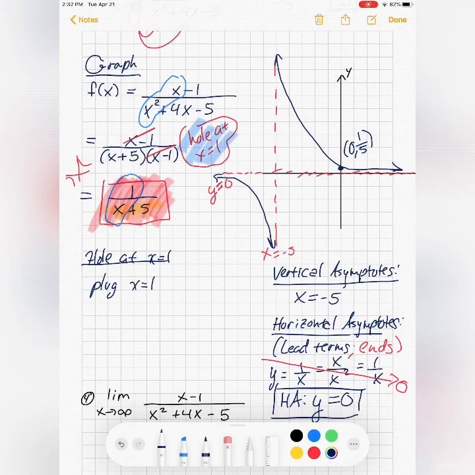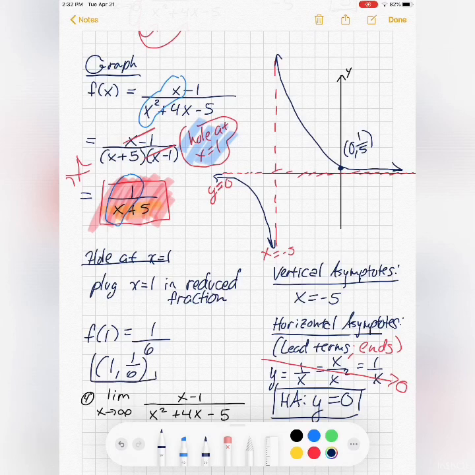So we have to plug x equals 1 in the reduced fraction. Okay, so f of 1 is 1 over 1 plus 5, 1/6. So my hole is at 1, 1/6.